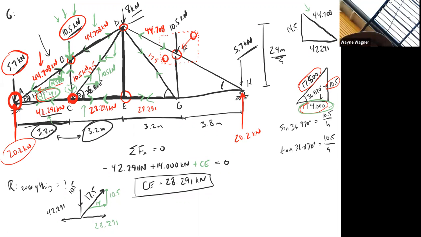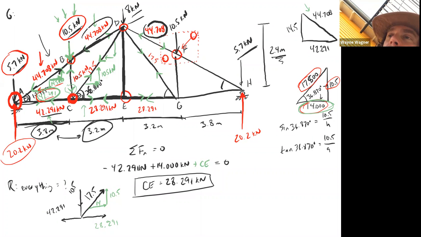What's nice in this case is it requires almost nothing, because the vertical component of this one, well, actually, that's not true, is it? Okay, interesting. Sorry. These two have vertical components of 14.5. So we've got two 14.5s going upwards into this D joint right here.